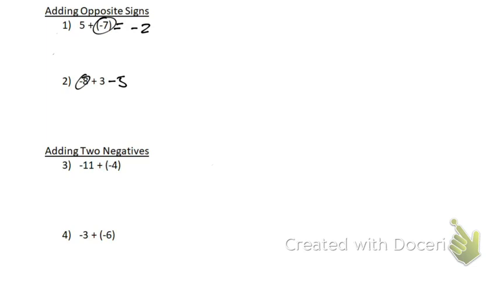So negative 11 plus negative 4 is 11 plus 4 is 15, but they're both negative, so it makes negative 15. Same thing with negative 3 plus negative 6 makes negative 9. A lot of you guys did good on these, but a good amount of you also kind of messed up on them and got confused. You guys got to make sure you understand those.